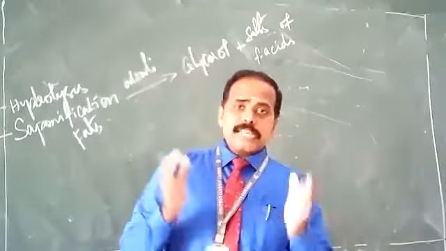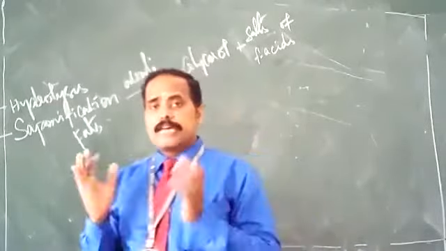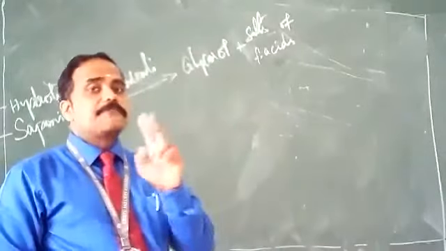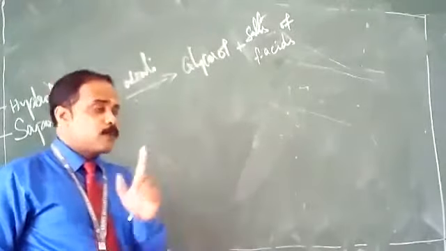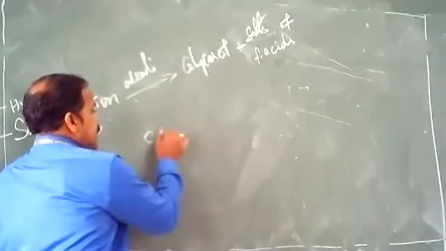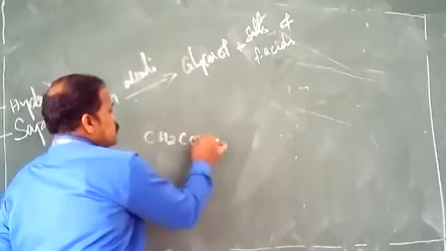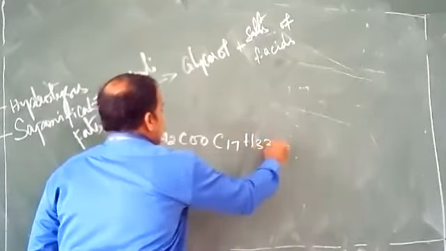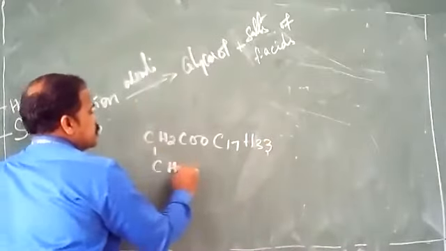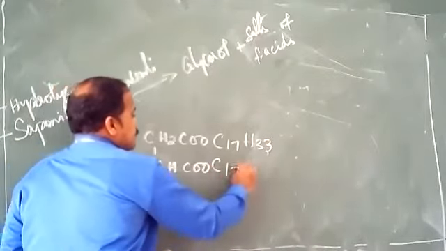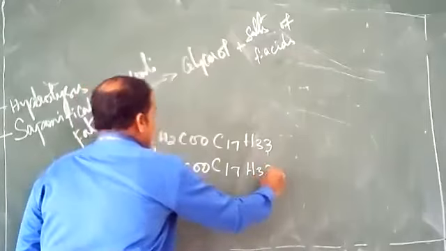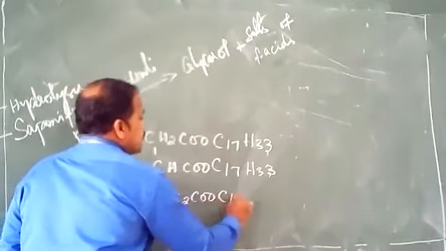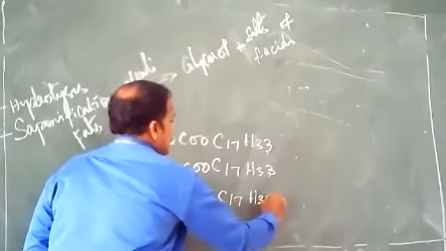And here, an example for the saponification reaction. We are going to see two different reactions. The first one, I'll write the first reaction here: CH2COO C17H33, CHCOO C17H33, then CH2COO C17H33.